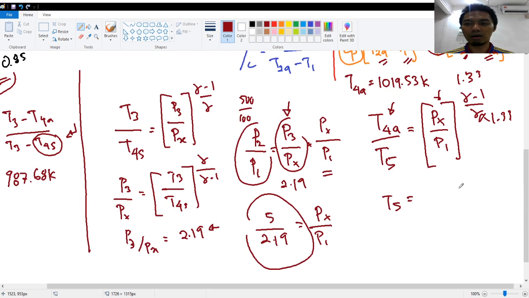If you plug in all the numbers there, you can get the T5, which is 831.59 Kelvin.